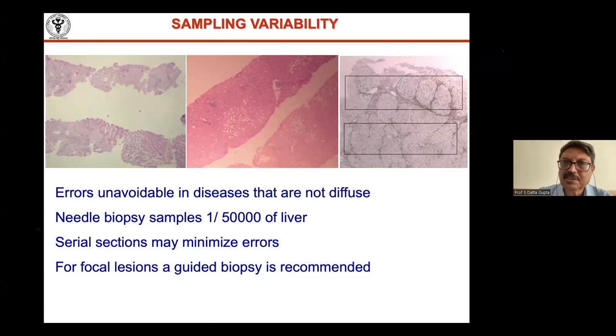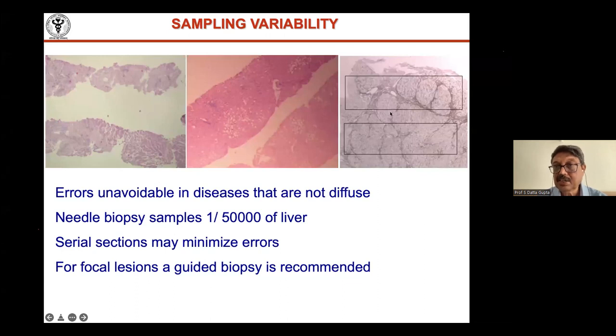It is useful because geologists sample at least 1/1,000,000th of the soil of your earth and they tell you what's deep inside, whether you find petrol or not. So similarly, although the liver biopsy samples a bit, it doesn't mean that it won't give you any information. The serial sections are important. You study many sections. And for focal lesions, you take a guided biopsy.